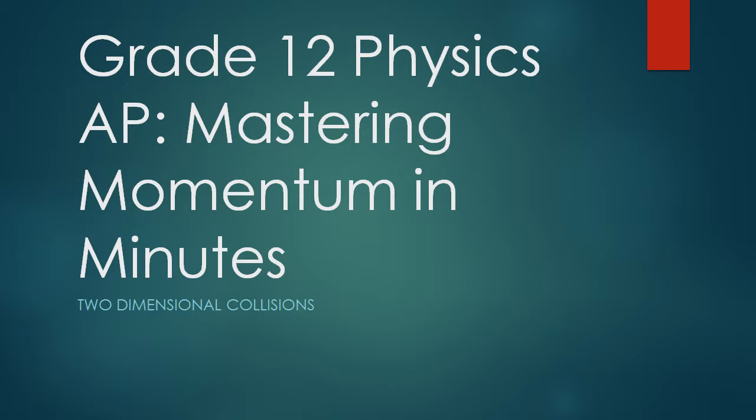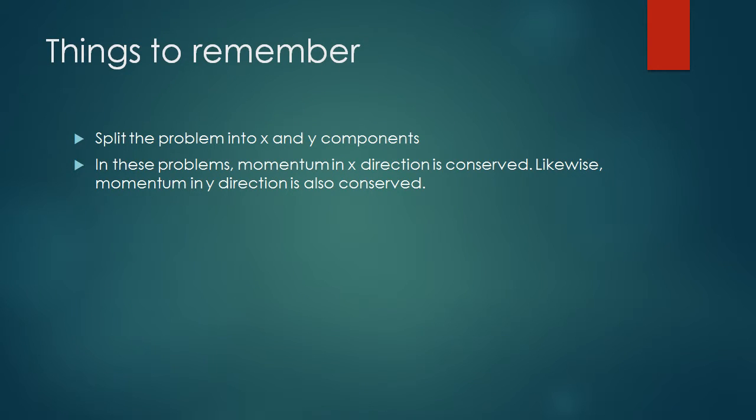In this video, I'm going to talk about two-dimensional collisions. Two-dimensional collisions are very similar to one-dimensional problems, except that you need to split the problem into x and y components.